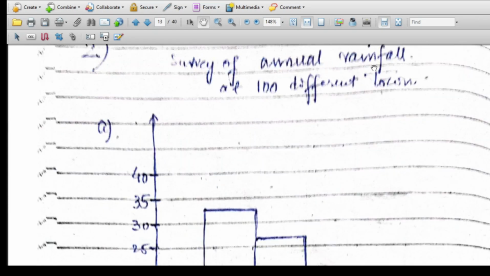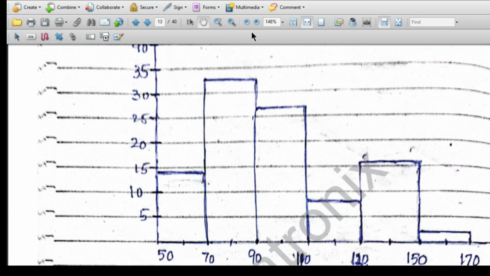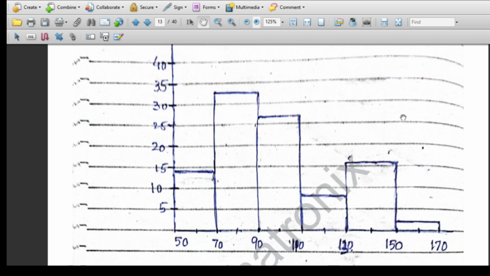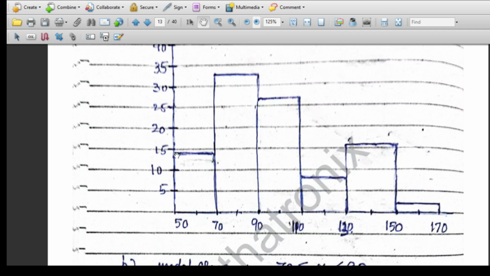Question number 2, annual rainfall. For 50 to 70 this is 14, this is 33, this is 27, this is 8, this is 16, and this is 2.